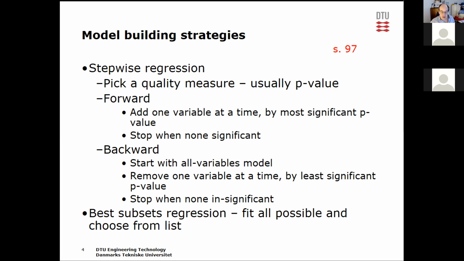This is pretty straightforward, and we'll go over it in more detail here. Stepwise: you pick some quality measure and then you step through the variables, adding one or subtracting one, until the model no longer becomes better, and then you stop. In my book up there, the actual equations are in there.